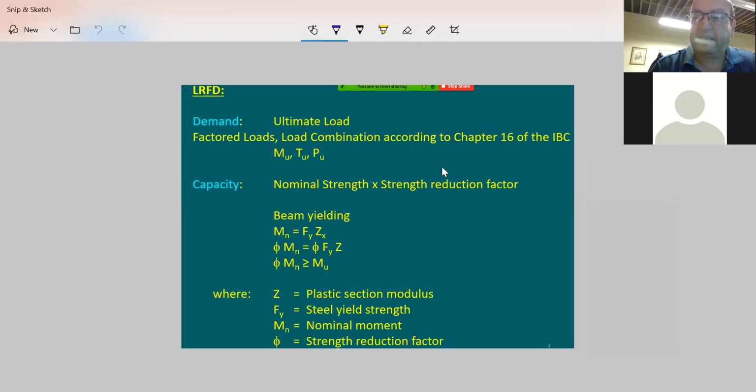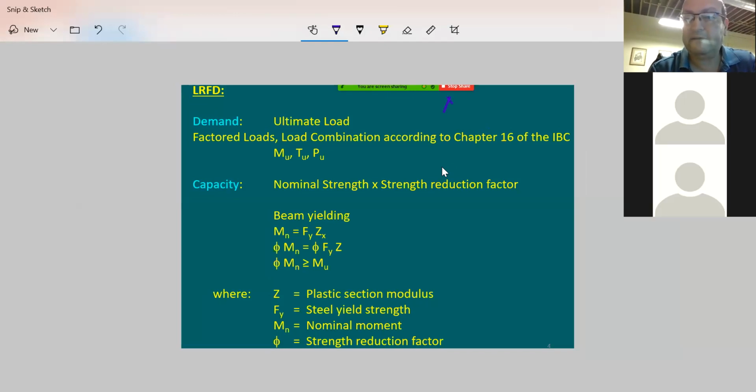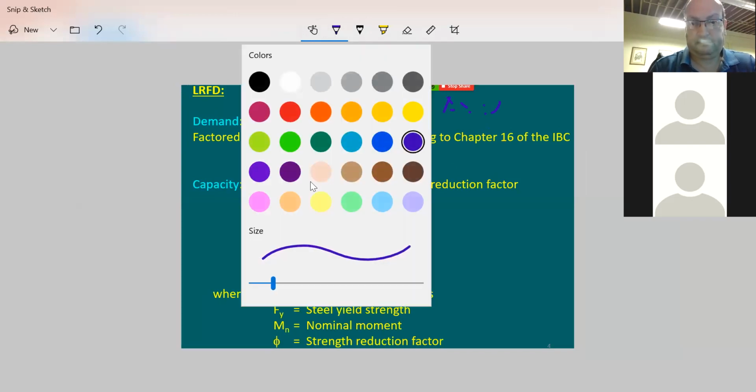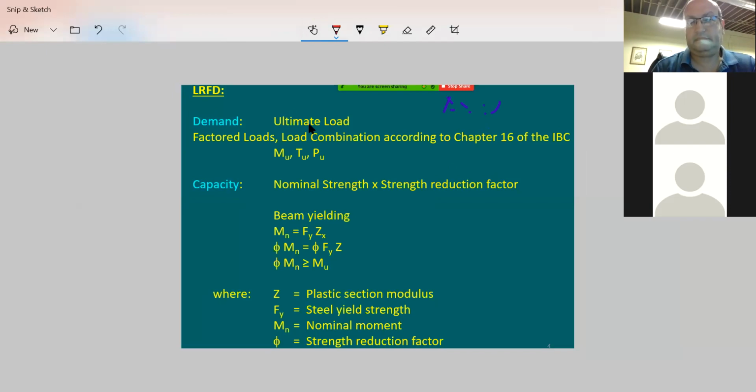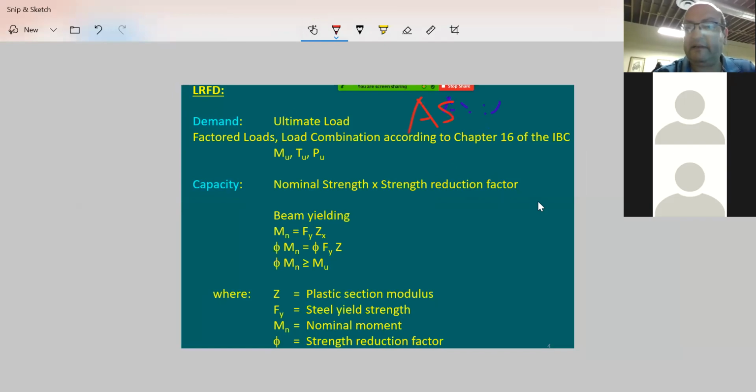So if I do an ASD design, I'm going to write here ASD design. My demand is going to be equal to 100. The capacity is going to be equal to 200 nominal, divided by 2, equal to 100.